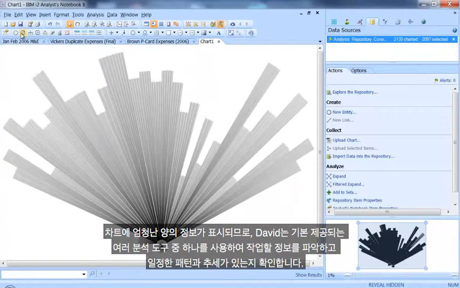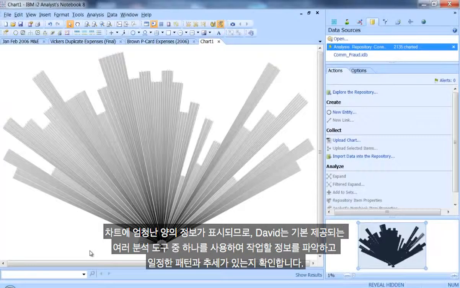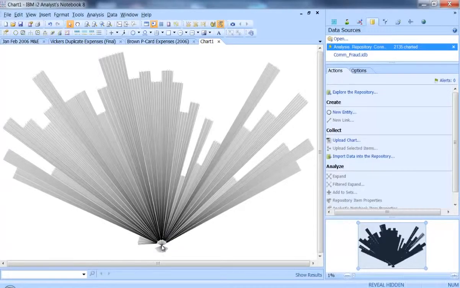A large amount of information is visualized on the chart, so David uses one of the many built-in analysis tools to help him get a good idea of the information that he has to work with, as well as see any patterns and trends that might exist.